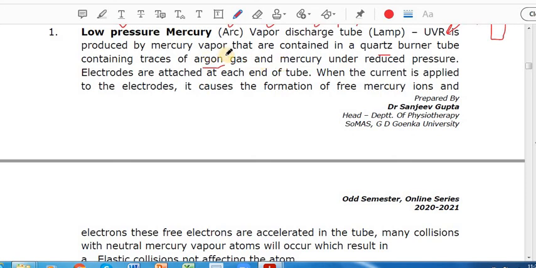So we are keeping a gas which is temperature wise, heat wise, expansion wise and chemical reaction wise very inert and very benign. So we are choosing argon gas for it, and we are keeping mercury in a very small amount under reduced pressure, and when the pressure is reduced, the mercury converts itself into vapors.